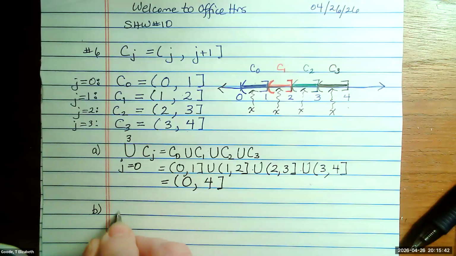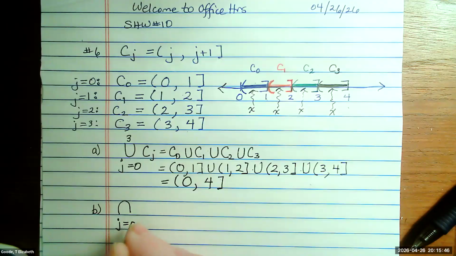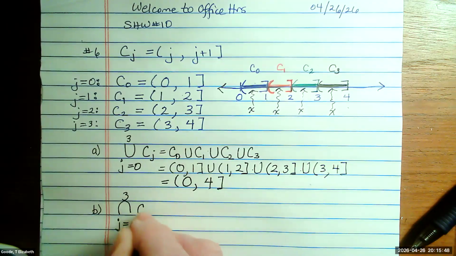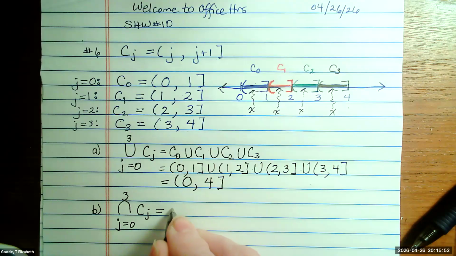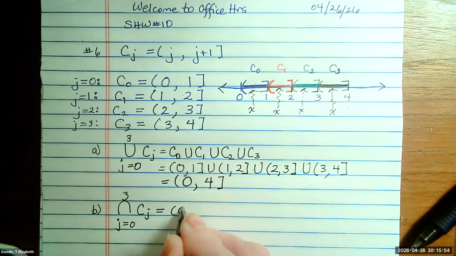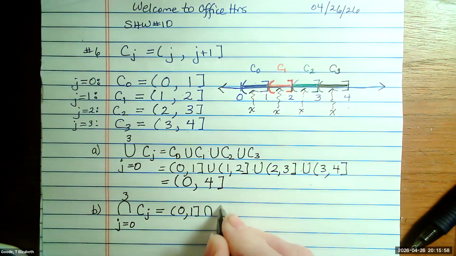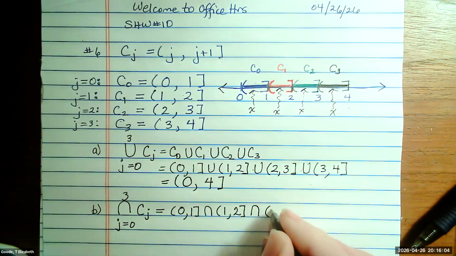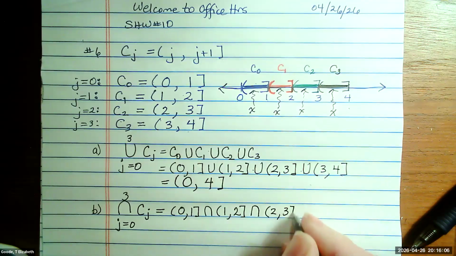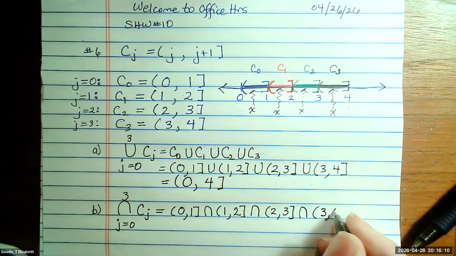So now the next question is to take the intersection from j equals 0 to 3 of the C sub j's, and that's our AND operator. So we're looking for elements that are in C0 and in C1 and in C2 and in C3.